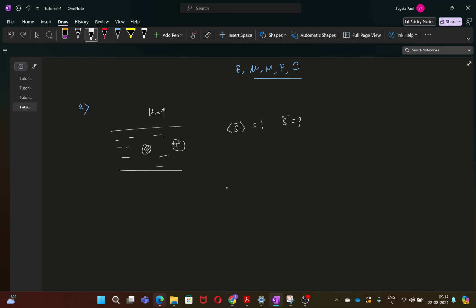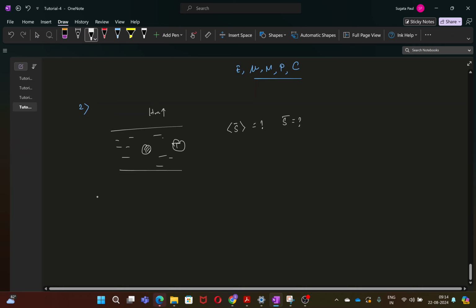Now, this atom can have either spin up or spin down, and correspondingly it will have spin value +1 or -1, right? So let's say the atom has a magnetic moment of mu. So this is the magnetic moment of the atom.